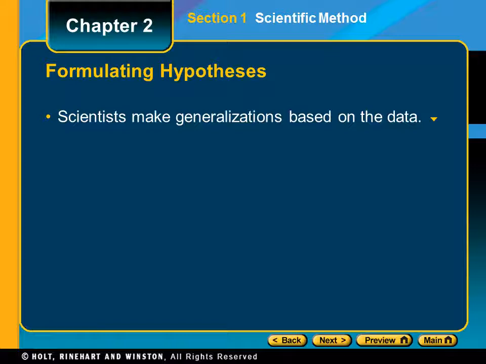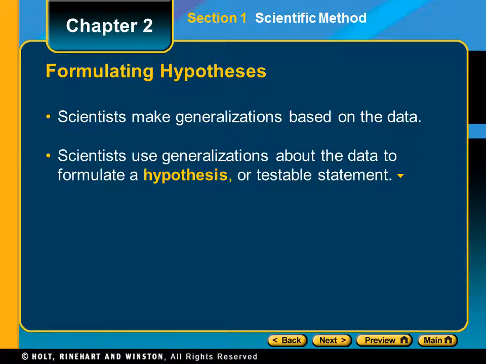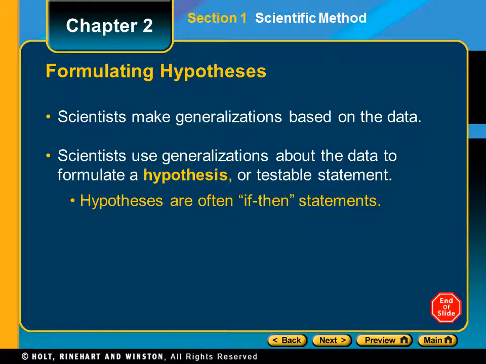And our book here is going to define a hypothesis in terms of making generalizations about the data and then moving from generalizations to formulate a hypothesis or a testable statement. And the book is going to tell us that a hypothesis very often is an if-then statement.